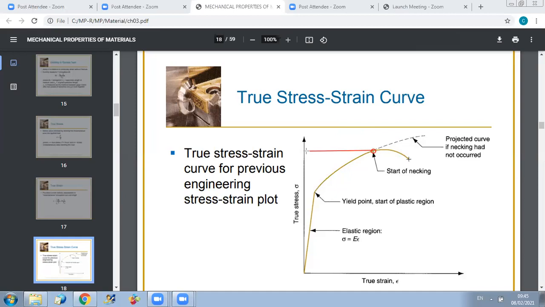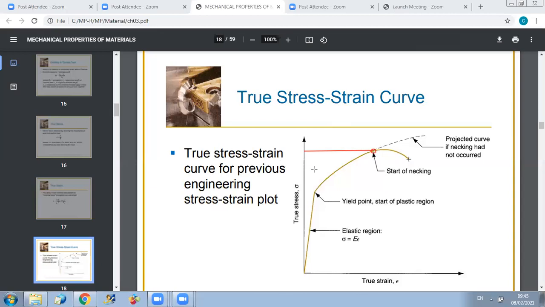Okay, so if you measure the corresponding true stress and deduce the value of F maximum, you can calculate the tensile strength by F over A0. So this is a graphical method that allows us to determine the starting point of necking. It is done by drawing the flow curve projected as if necking is not taking place.